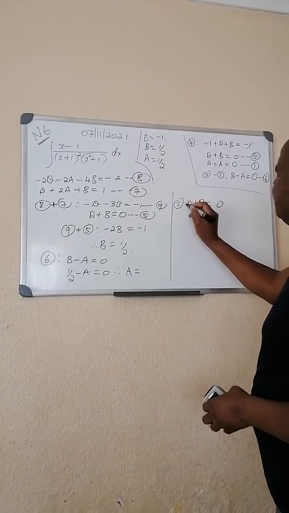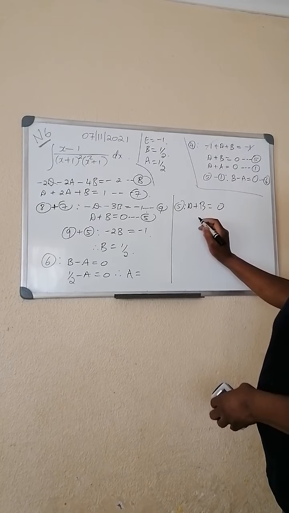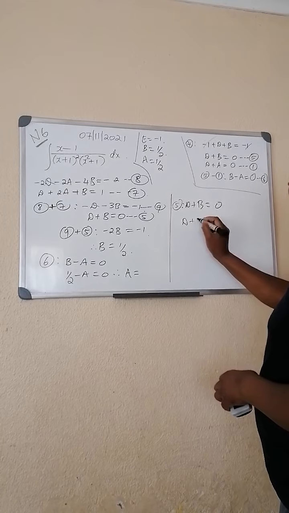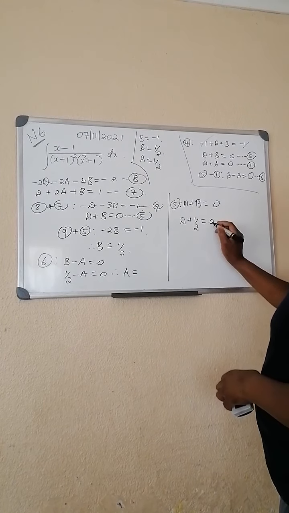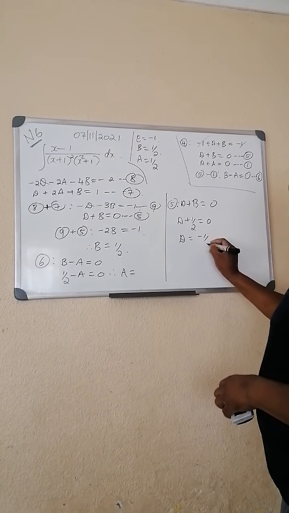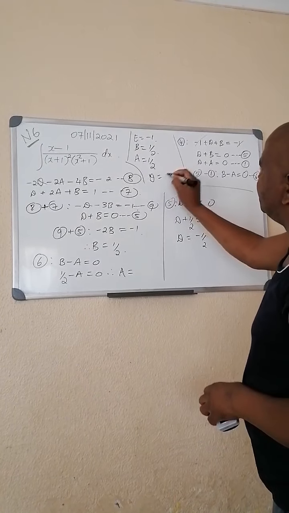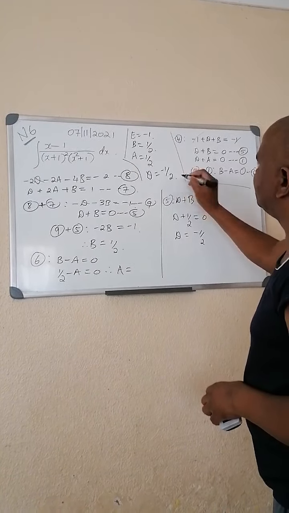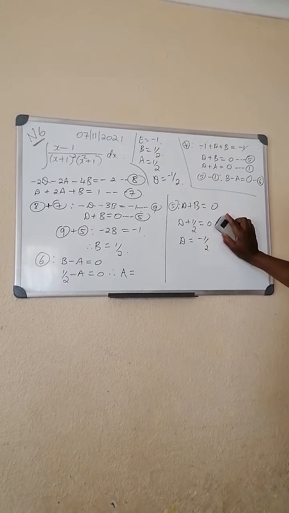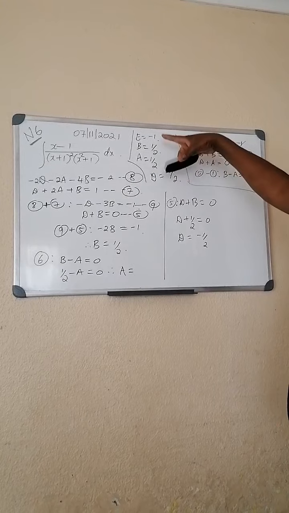But B we have already, so D plus 1 over 2 equals 0. Therefore D is 1 over 2. So it is always a fraction that you will get for all these values.